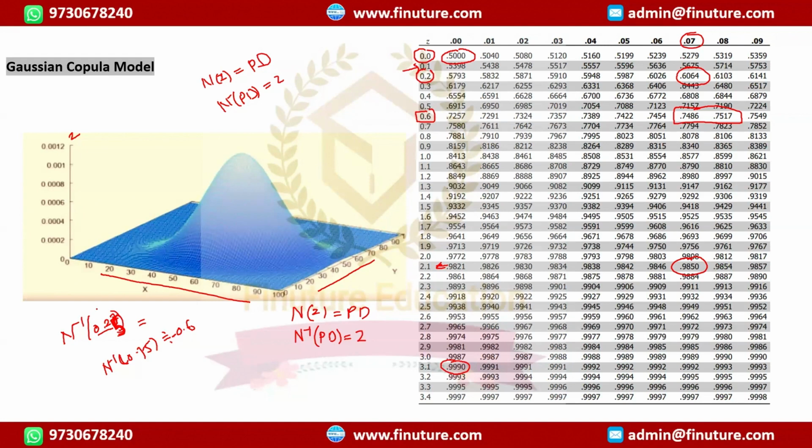So the probability corresponding to Z value: N of PD equal to Z. So N of 1 minus PD, let me write it this way, is minus Z. So you can just remember this equation in case that helps.